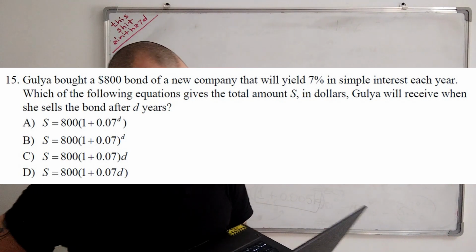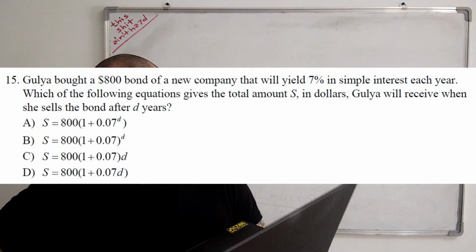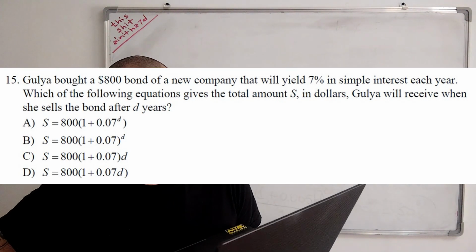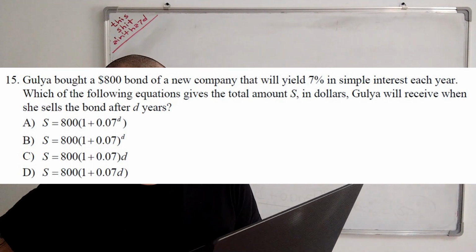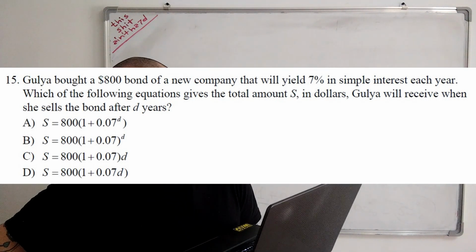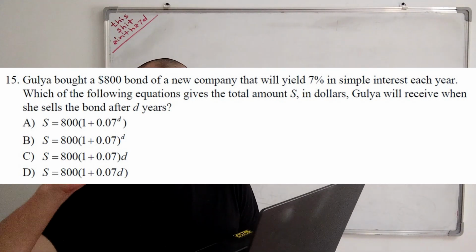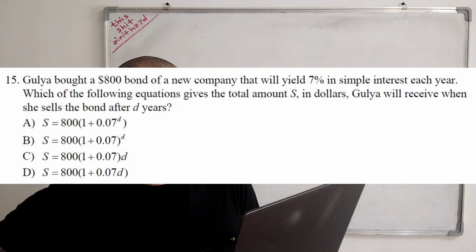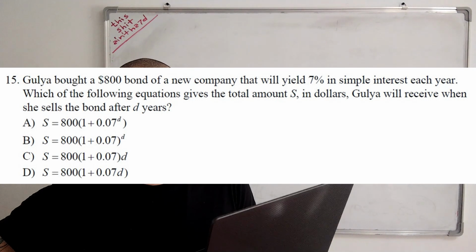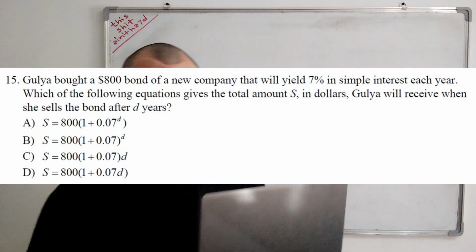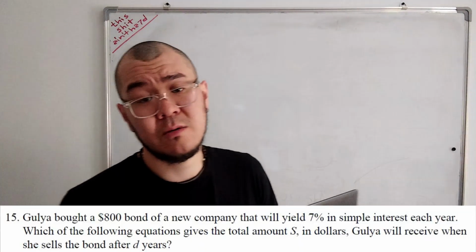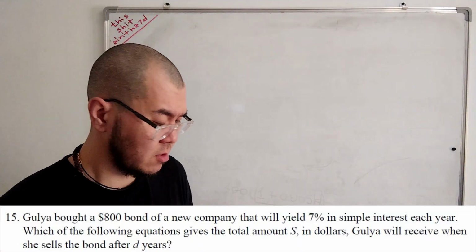Number 15. Gulia bought an $800 bond of a new company that will yield 7% in simple interest each year. Which of the following equations gives the total amount S in dollars Gulia will receive when she sells the bond after the years? It's a pretty easy one, guys.